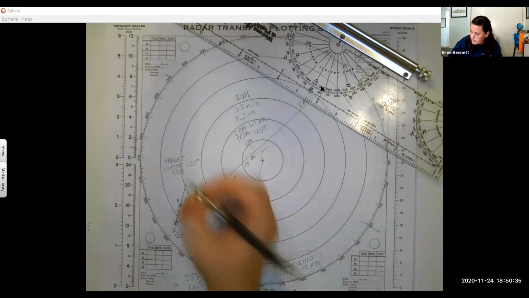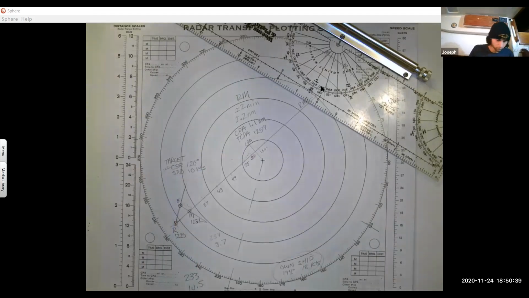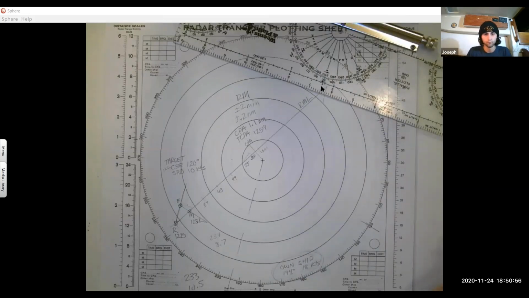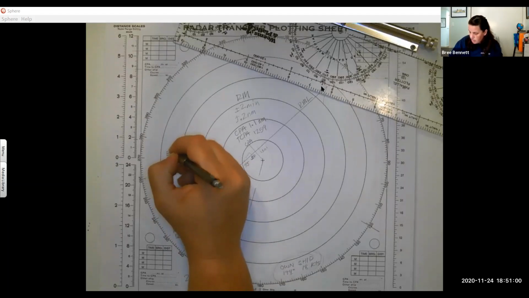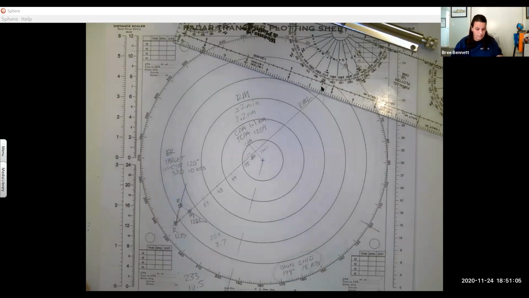Which I got the same as last time, 10 knots, or 1 nautical mile there. So that was E to R is them.